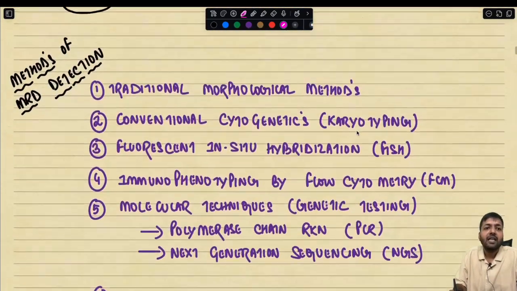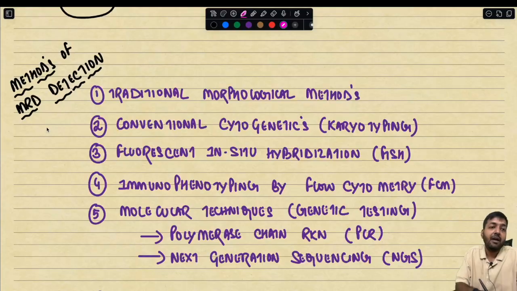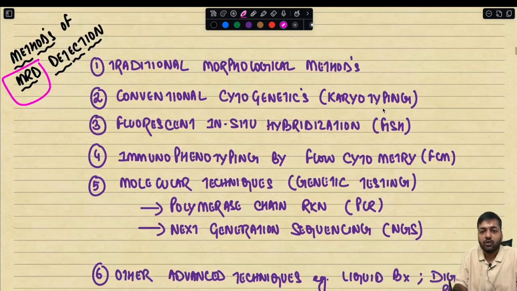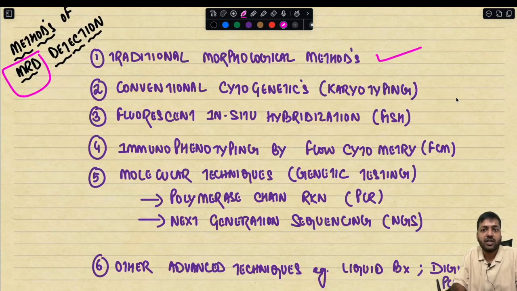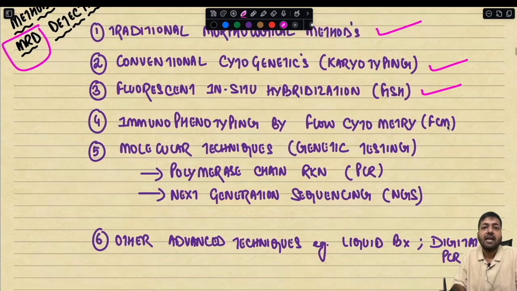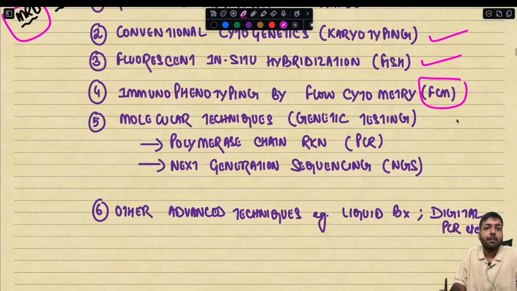Okay. Now, what are the methods of MRD detection that you have to know? We have the traditional morphological method, conventional cytogenetics, that is karyotyping, then FISH, fluorescent in situ hybridization. Then we have immunophenotyping by flow cytometry, FCM, and molecular techniques, that is genetic testing, which is far more superior in terms of sensitivity, like the PCR.